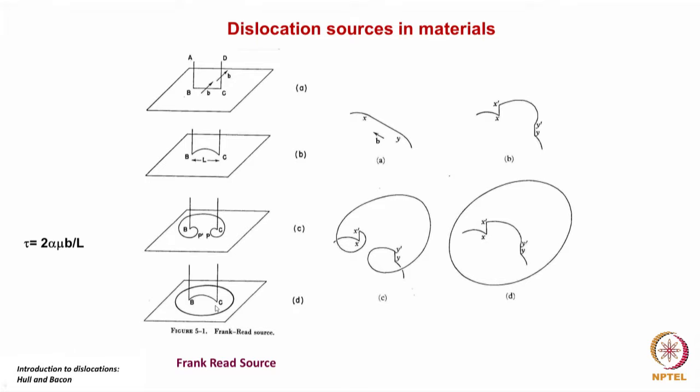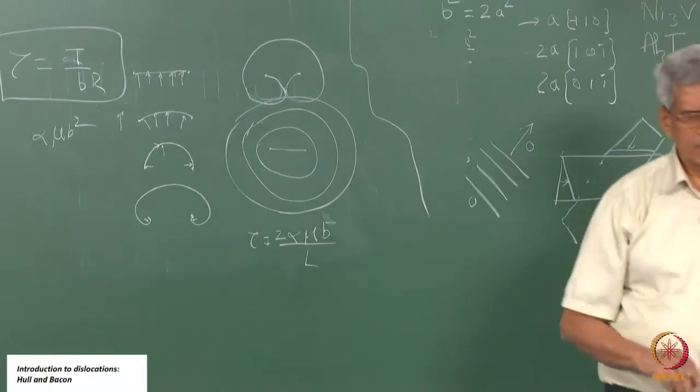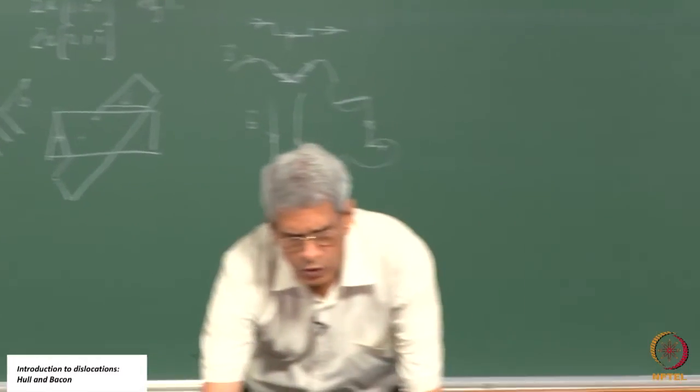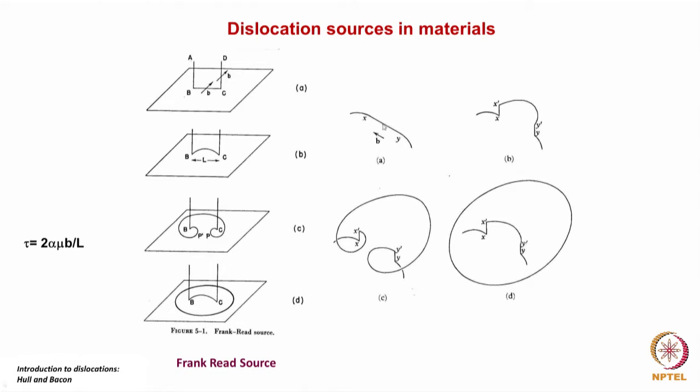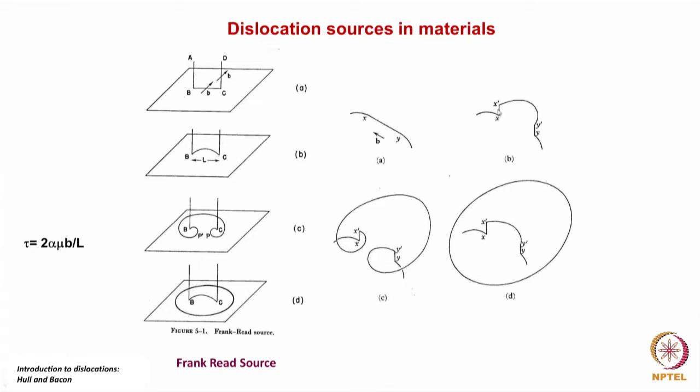There are many mechanisms by which one can think of these sources. One is, if a dislocation is moving in a slip plane, assume that a screw dislocation is moving in a slip plane. This screw dislocation sees an obstacle in its movement in some region, then it cross slips onto another plane, okay. And when it cross slips onto a plane and finds there is no obstruction, it can do another cross slip and come back to a slip plane parallel to the original slip plane, and it can move on these.